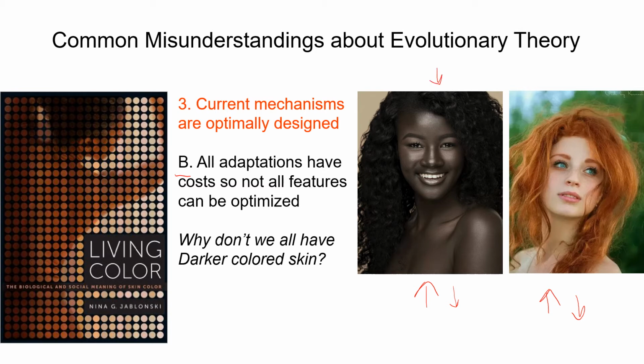Whereas in environments farther from the equator, where there is less sun and less opportunity to absorb vitamin D because there's less time in the sun, you get these lighter skin tones. Like you see here, typically the environments where this red hair, green eyes evolved are Northern Europe, or where you get the light skin, blonde hair.